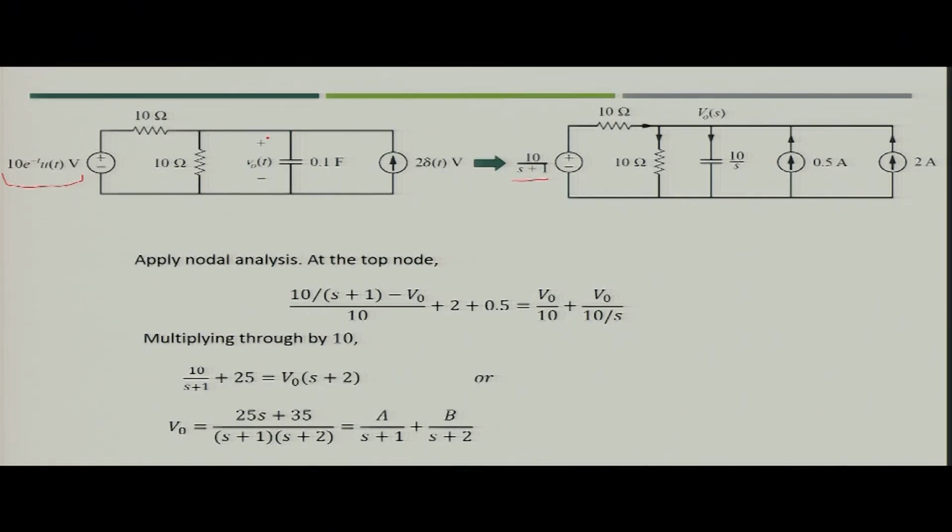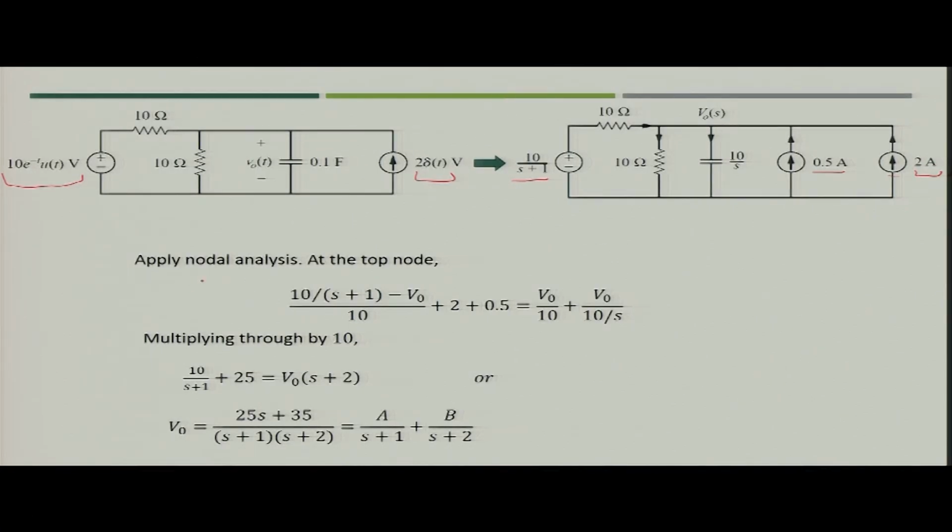The capacitor will now be converted into 1 upon S C, which would be nothing but 10 by S, and in parallel with it you will have one current source having 0.5 ampere as value, because this will represent the initial condition, and then you have another current source of value 2 delta t. When you convert it into Laplace transform, it will become 2 ampere.